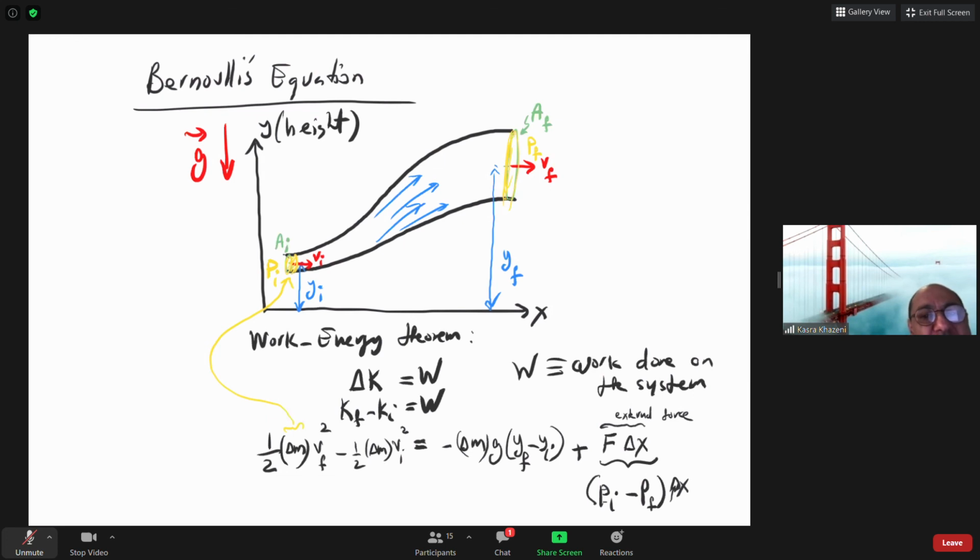Now A delta X is delta V, which is volume.